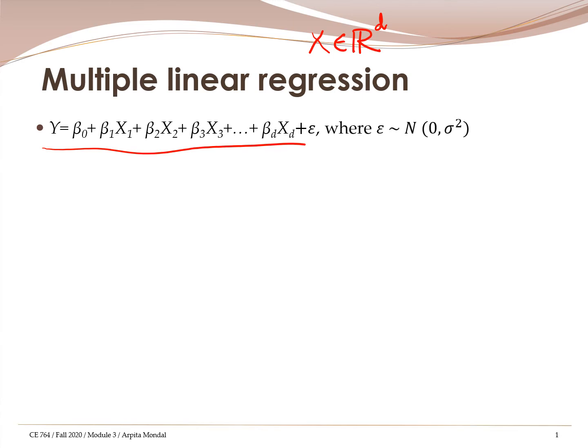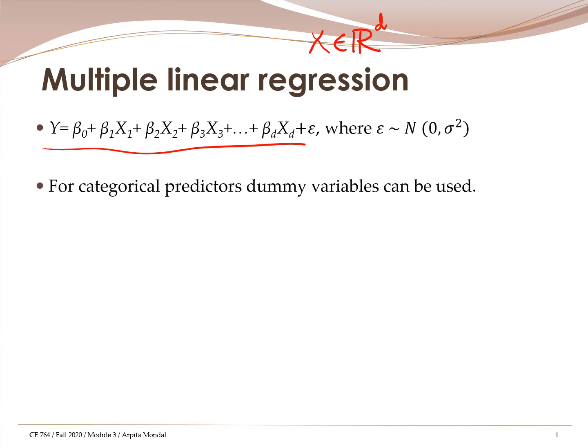In such a case, it is possible to use dummy variables as indicators of the categorical predictors. An example: instead of using x3, which is a categorical predictor, we use another variable z, which takes a value of 1 if metro city, or 0 otherwise.